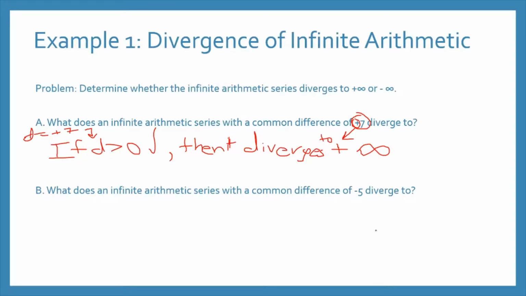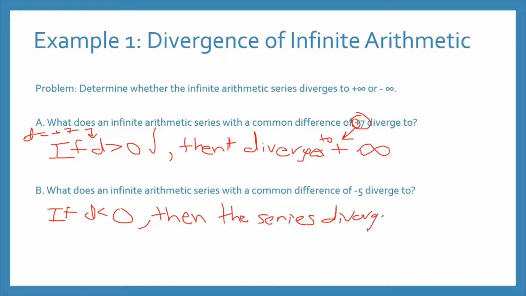And then the second question here, part B, is kind of the opposite. What does an infinite arithmetic series with a common difference of -5 diverge to? So we would actually just write the opposite of the previous rule, where it'd be if d is less than 0, then the series diverges to negative infinity.